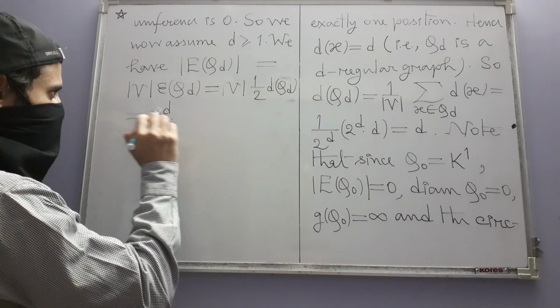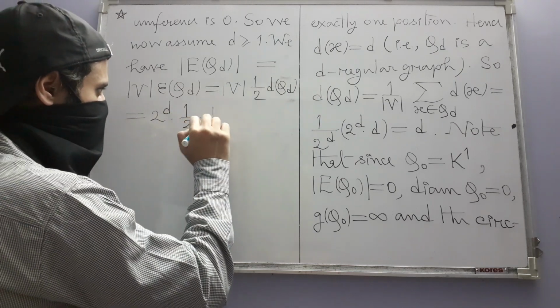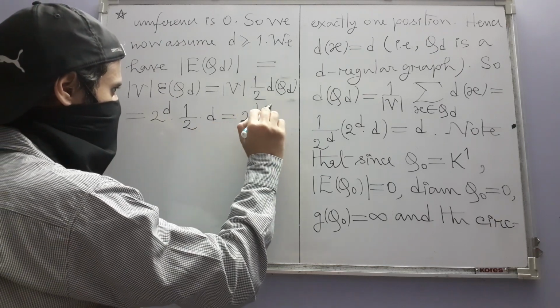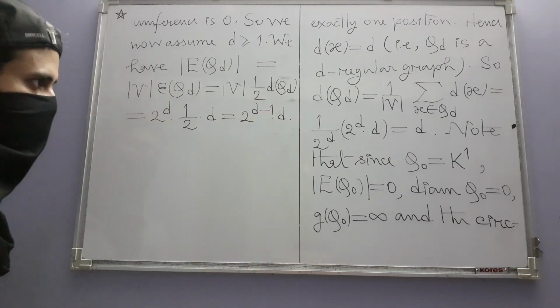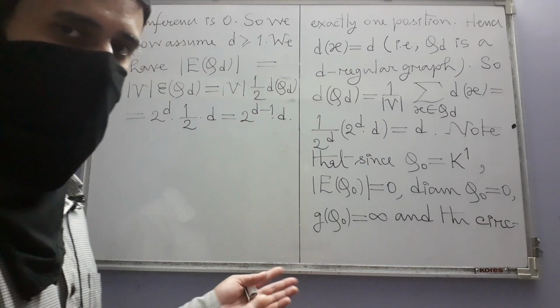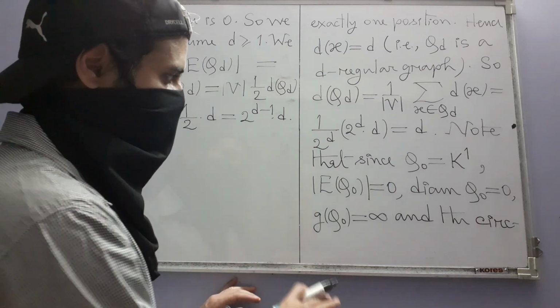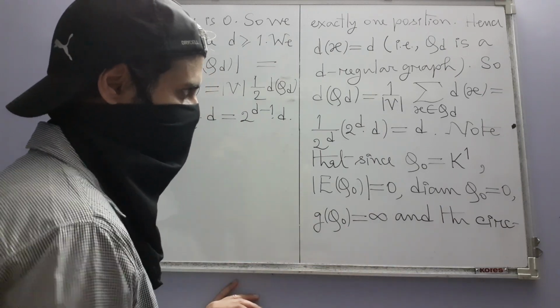This is 2 to the power d times 1 over 2 times d. So this is just this. Okay, without going through the hassle of figuring out how many edges there are, this way we can quickly find out. So that is with average degree and number of edges.